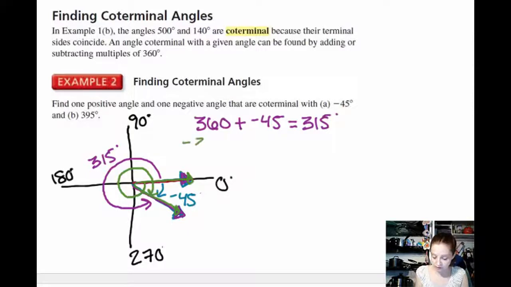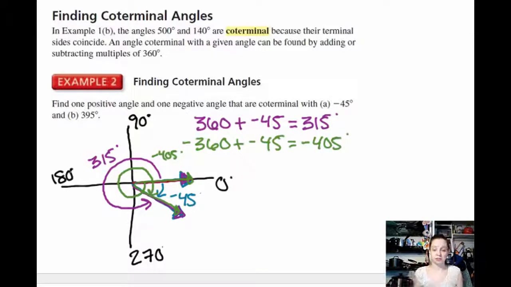So negative 405 degrees. So that green one is negative 405 degrees. Technically, you don't need the drawing. You can just add 360 or subtract 360. But the drawing is helpful for me, so I'm going to keep it in.